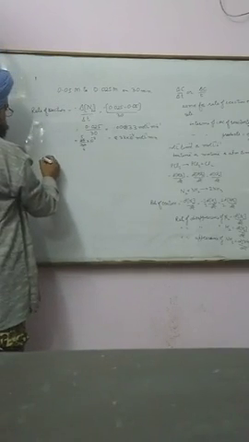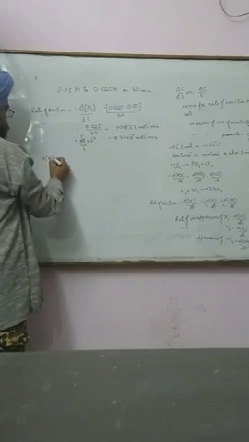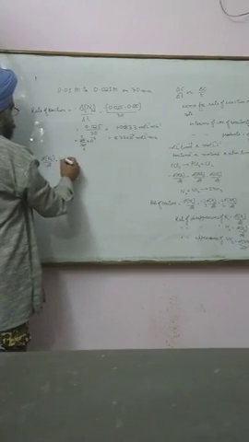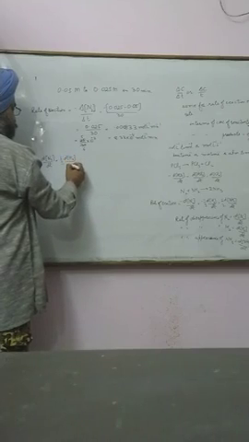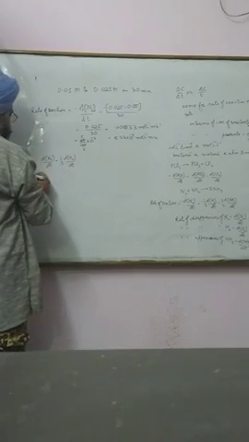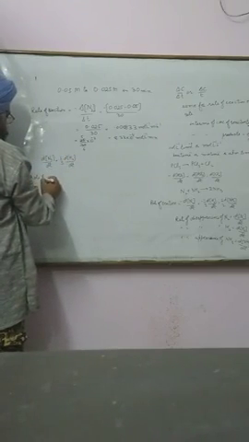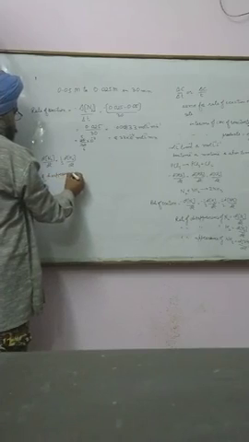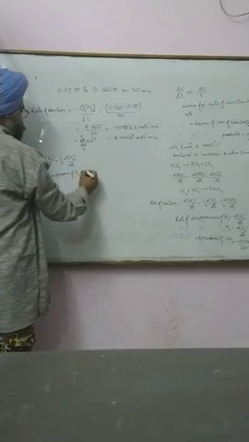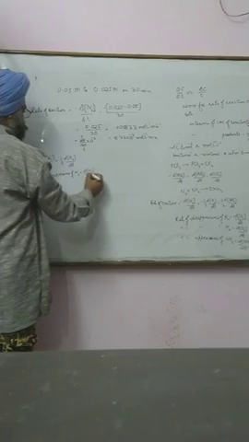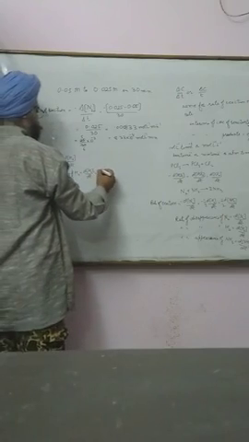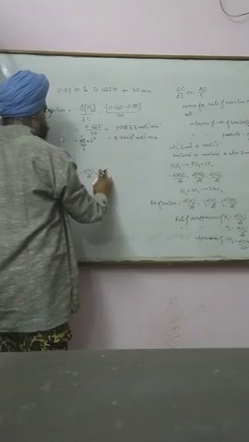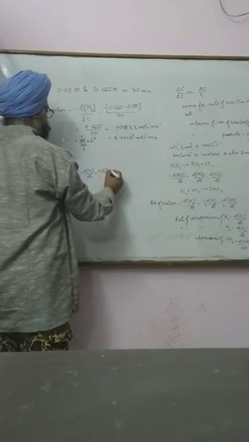We know that dN2 by dt is equal to 1 by 3 dH2 by dt, or rate of disappearance of hydrogen, dH2 by dt, is equal to 3 into dN2 by dt.